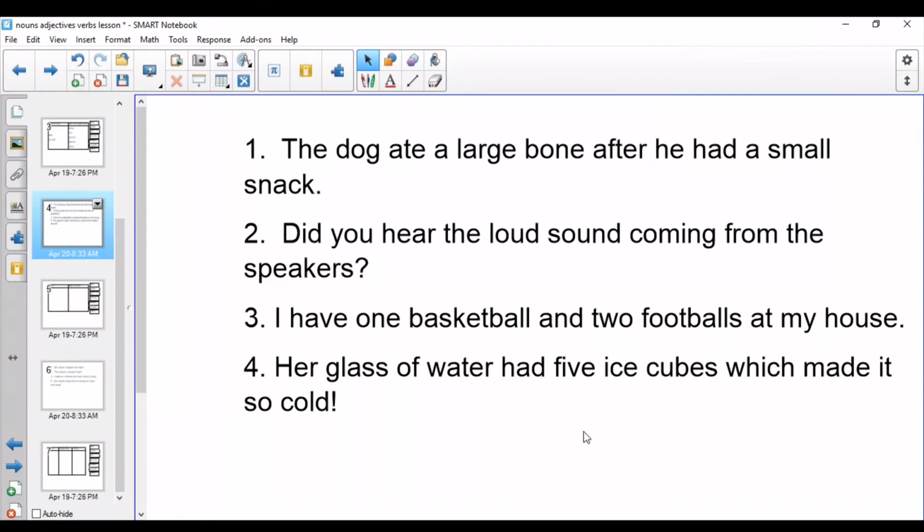Now we're going to take a look at some sentences. We are going to decide which word in the sentence is an adjective. So for example, let's take a look at our first sentence. The first sentence says, the dog ate a large bone after he had a small snack. Which words are adjectives? Remember, adjectives are describing words.